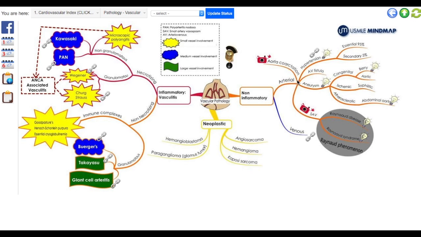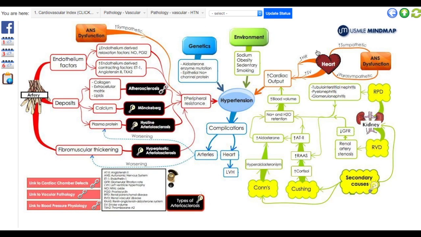If you follow the map on the right, it breaks down into the link that we can look at to see the details of the pathology of hypertension. We click on that and it opens up into this detailed map. The reason why it's so detailed is we want the student to have first the big picture.